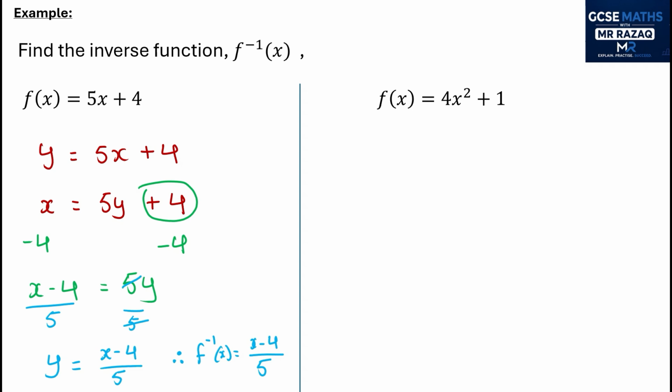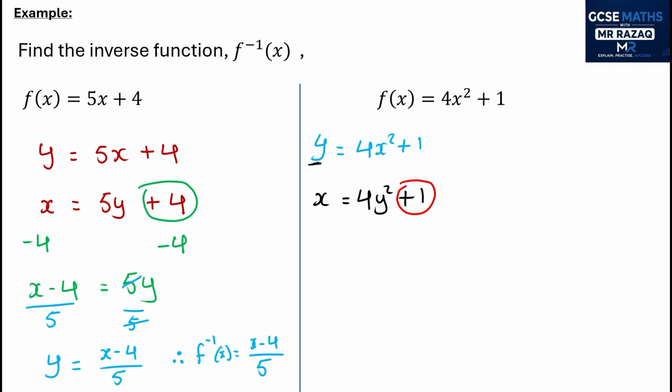Let's look at another example. We'll do the exact same thing. So instead of writing f of x, I'm going to change it to y equal to 4x squared plus 1. And then we'll change these two. So we'll change y to x and x to y plus 1. Make y the subject of formula. And this means take this plus 1 to the other side.